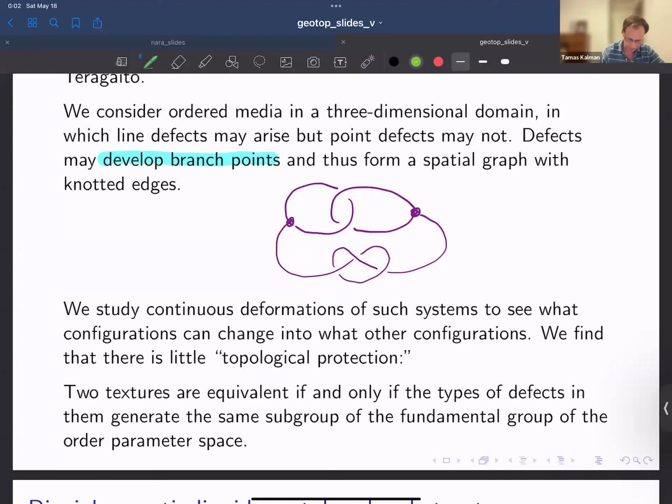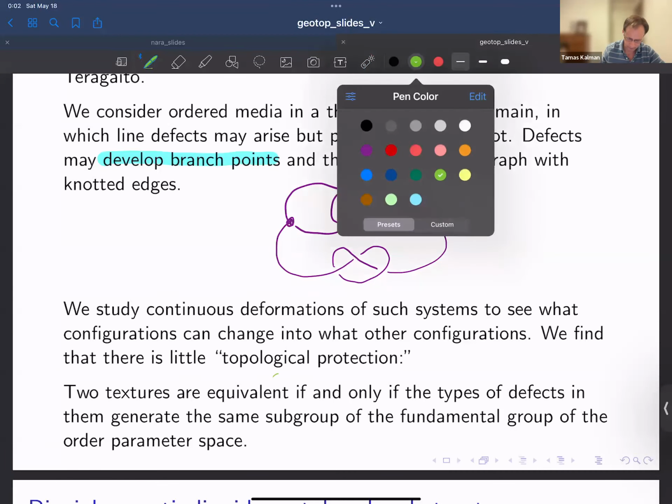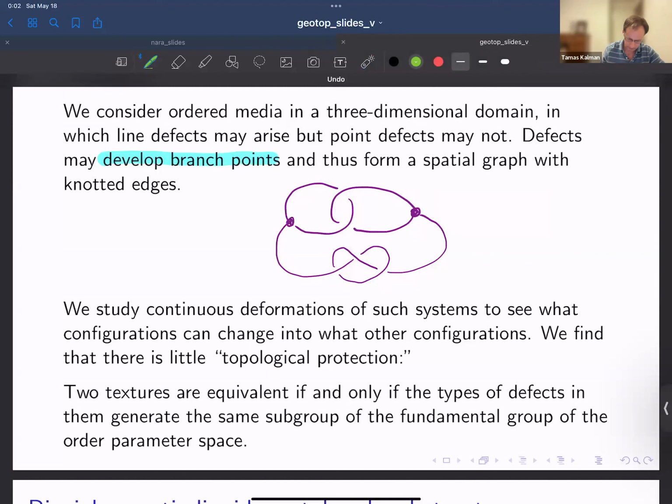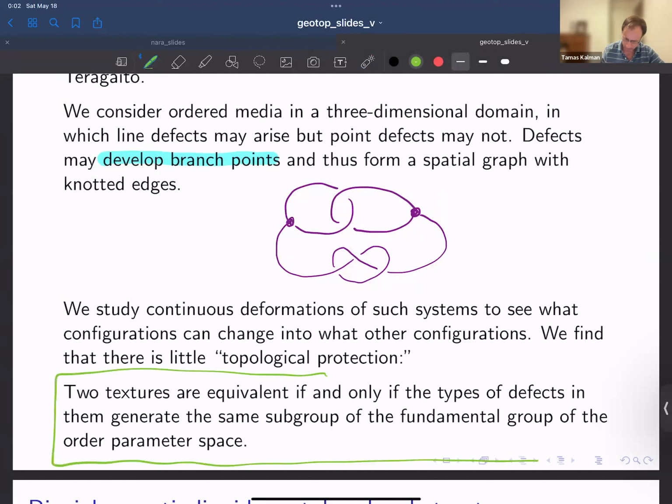Specifically, what we find is this. Oops, sorry about that. That two such textures end up being equivalent if and only if their defects, in some sense, which I will explain, generate the same subgroup or perhaps conjugate subgroups within the fundamental group of the order parameter space. That's the kind of result I'm heading to.